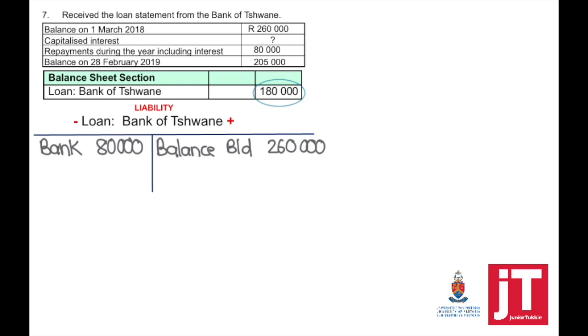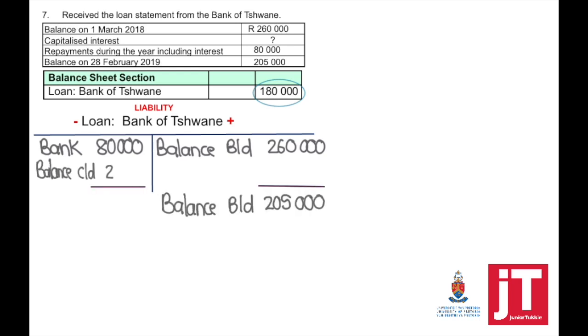So what is not included in here is the interest. They have not taken the interest into account yet. So if we look at the balance at the end was 205,000, take the debit side minus the credit side, that equals the interest of 25,000.